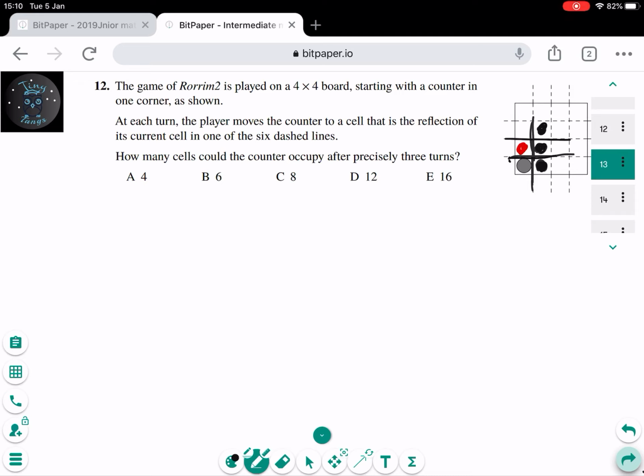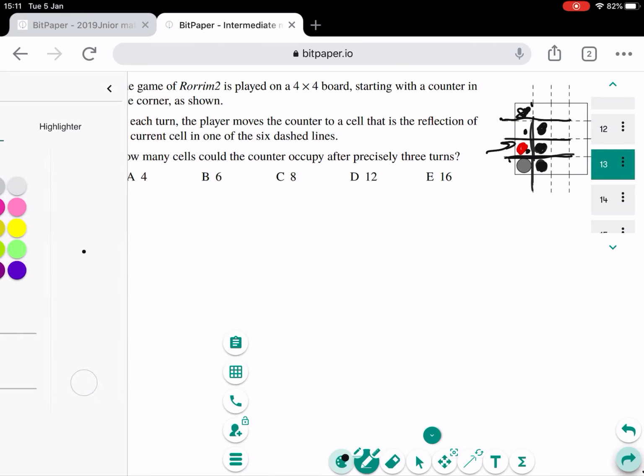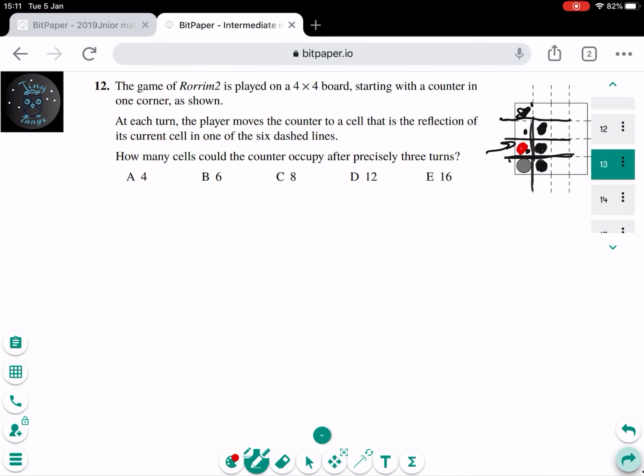We can also reflect it through that line, so the black is here, and then reflect it again here and here. So that would be solution 2. Let me mark the solutions again. That was one solution, and that was another solution.